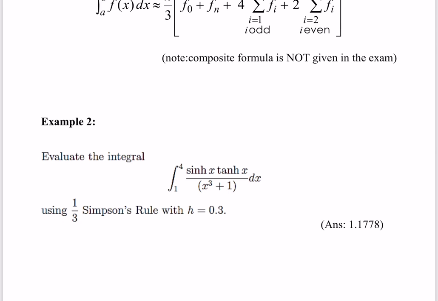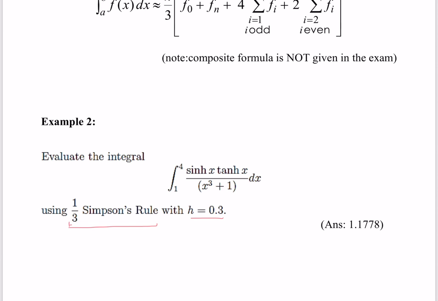Now we want to apply it in example 2, where we want to evaluate the integral from 1 to 4 of f(x), here sin x tan x divided by x cubed plus 3, with respect to x, and we want to use the 1/3 Simpson rule with h equal to 0.3.